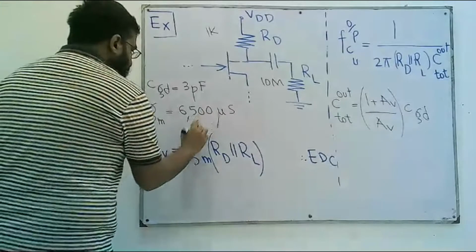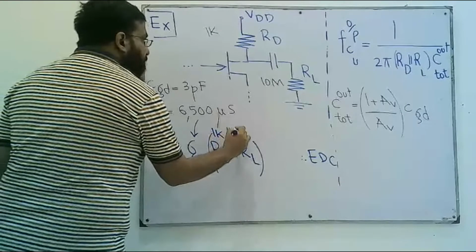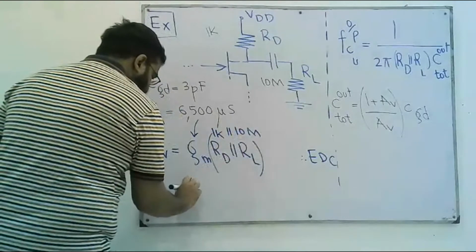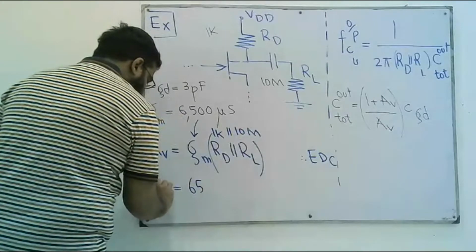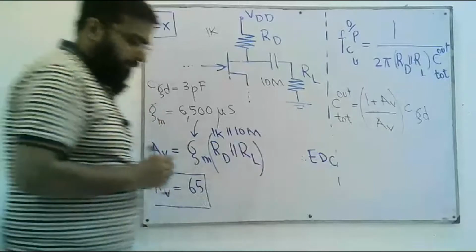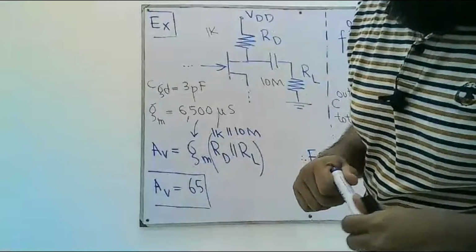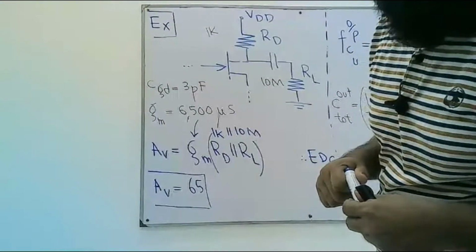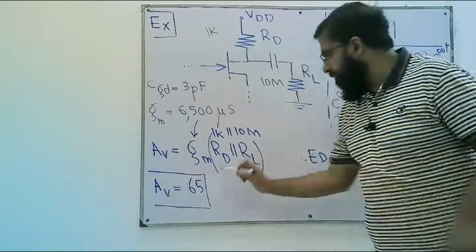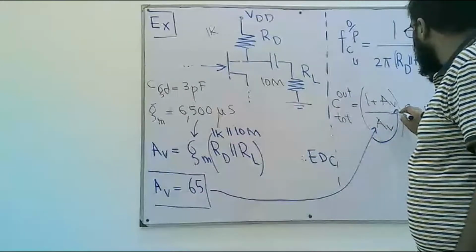Plugging in the values, GM, RD 1K, RL 10 meg, it comes out to be 65. So let's plug this value in here, AV 65.